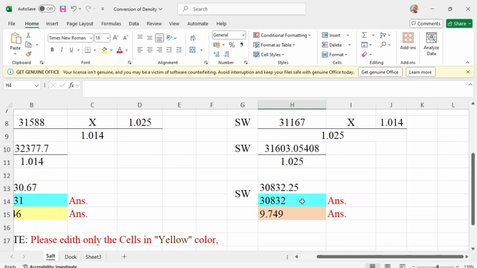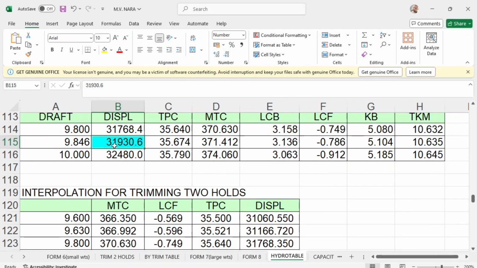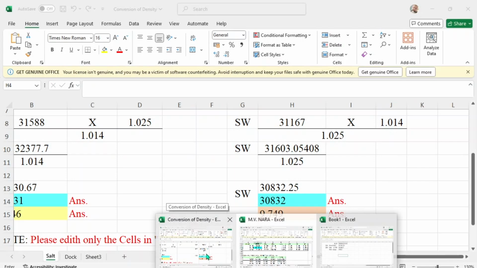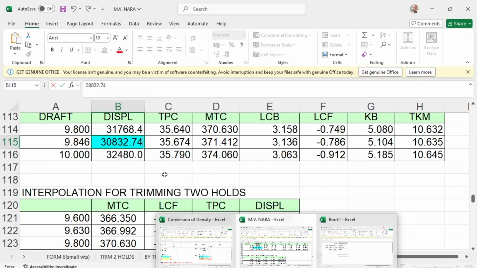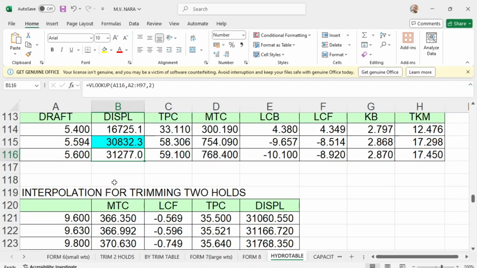And your salt water displacement should be 3832.25, and the draft will be 5.59. How come? Double check, guys.